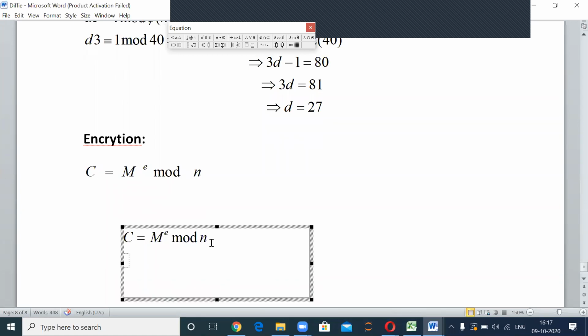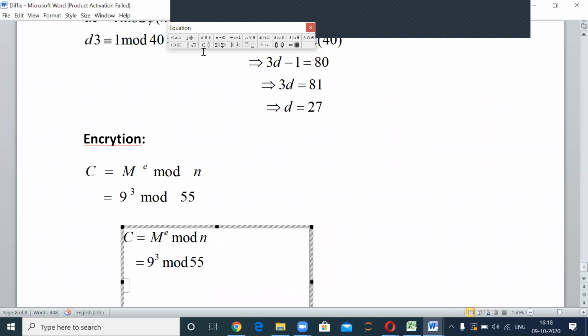Now we will substitute each and every value. M is 9, power 3, mod N, where N is 55. 9 power 3 is 9 into 9 into 9, three times.